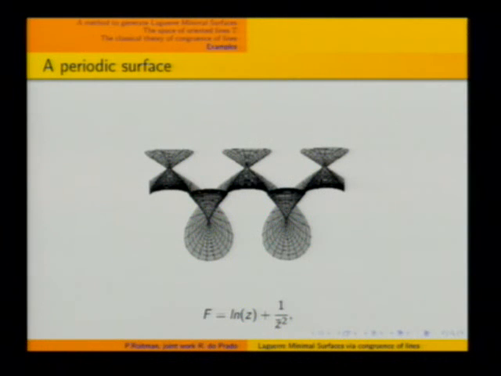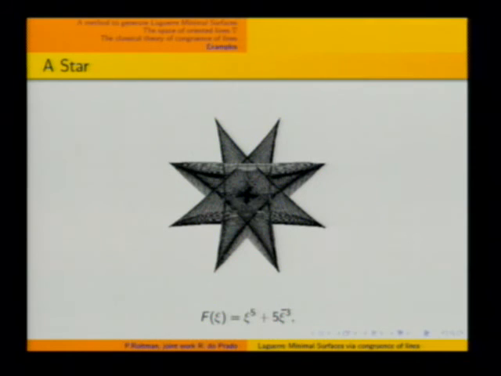It's a nice curve. And the last example, just for fun, you can take f as this thing, and you get a surface which looks like this. It's very easy to construct them. You just plug in f, and you have an expression for the Laguerre minimal surface.